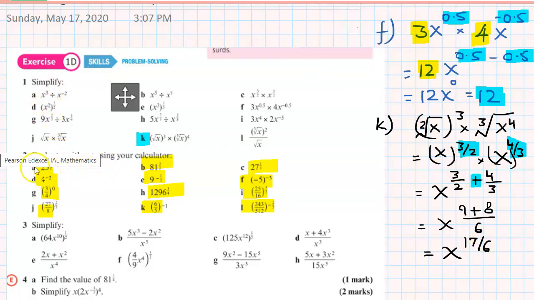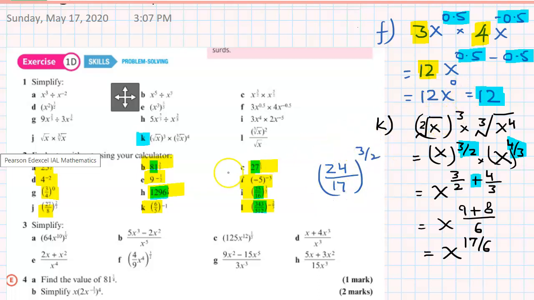Now question number 2. These are the most important questions, and in your examination you will definitely find this kind of question. One thing you try to understand: this is 81, this is 27, this is 25 over 16, 343 over 50, 1296. You will never get a question like 24 over 17 to the power 3 over 2.